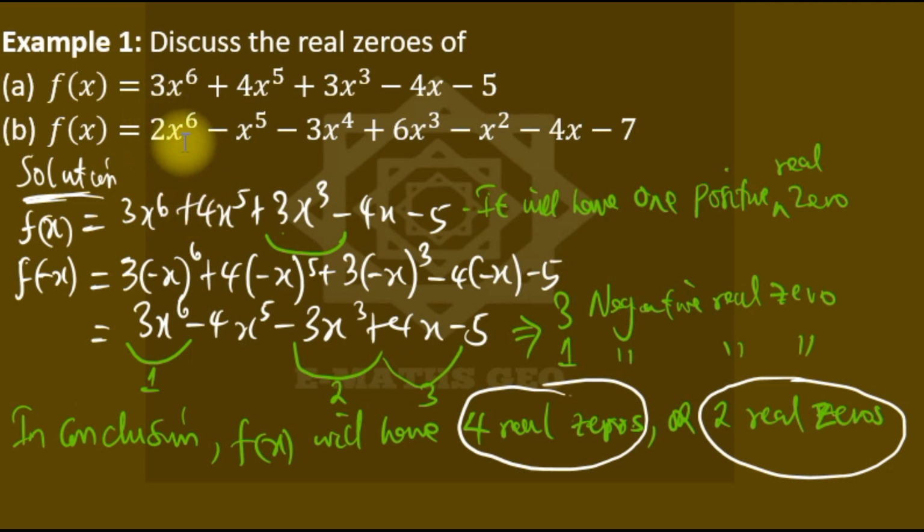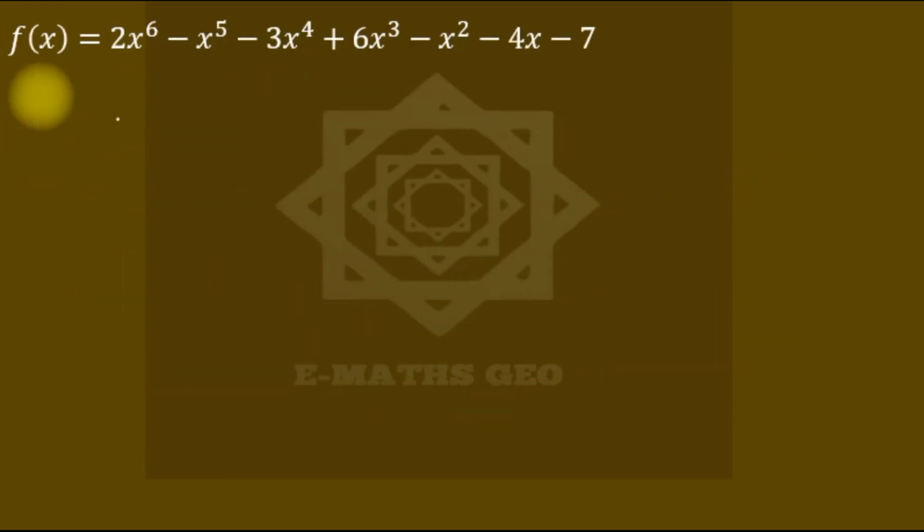Coming to the second one, we apply the same logic. For f(x), let's check how many variations of sign there are. This is 1, this is 2, this is 3.